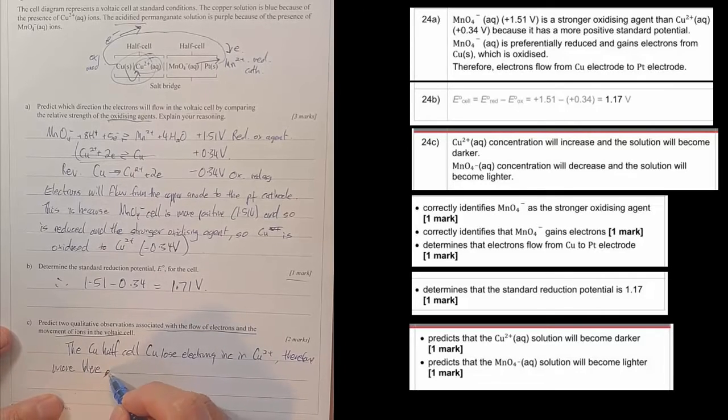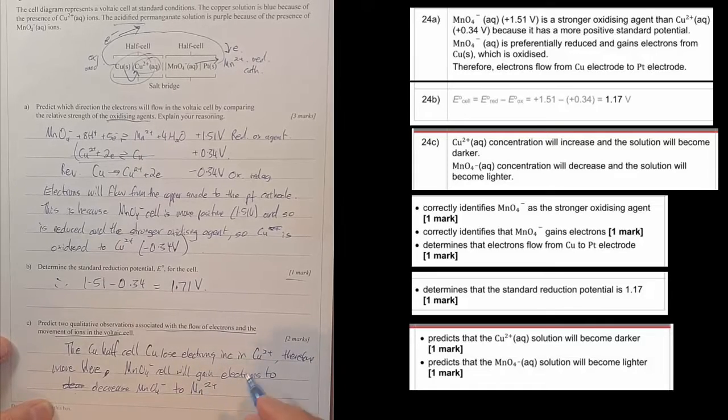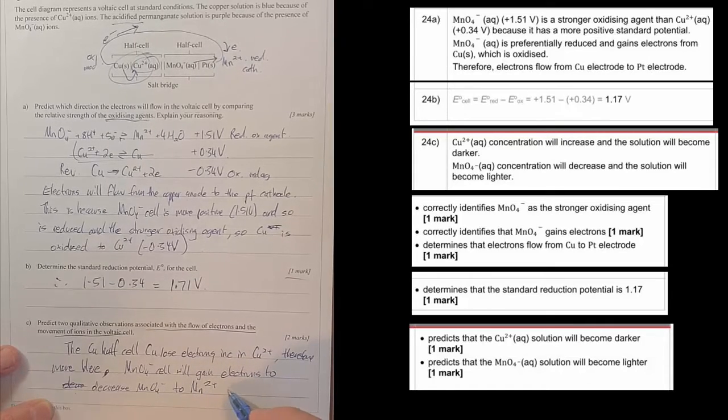And the MnO4 minus cell will gain electrons to decrease MnO4 minus to Mn2 plus. All right, therefore less purple.